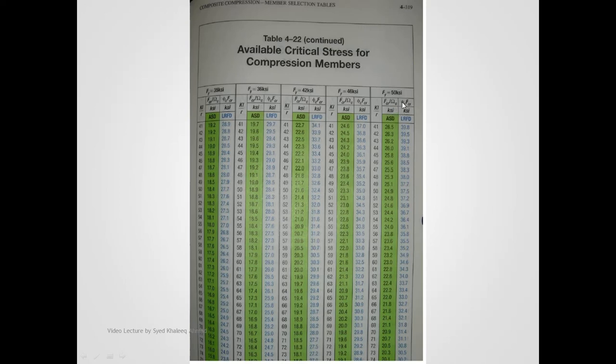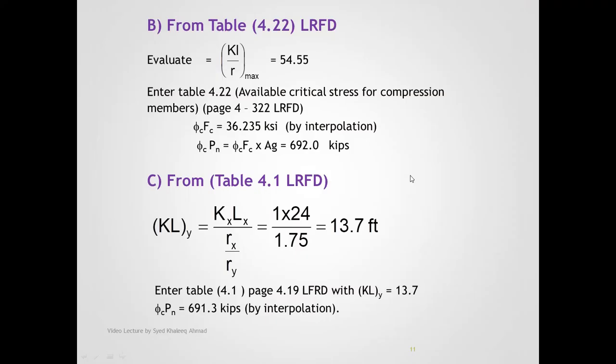So we will look at phi c FCR of this column. Based on that we get this value by interpolation as 36.235 ksi. Once we get this critical stress, we can multiply by the gross area of the section, and that gives us the critical load of 692 kips.